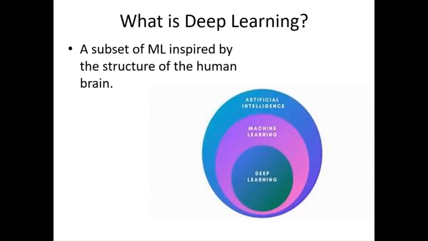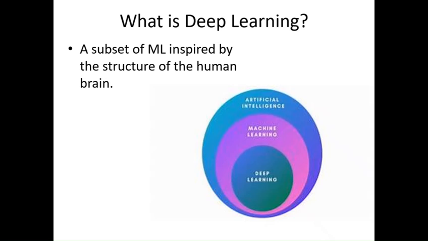To understand deep learning, we need to see where it fits in the bigger picture. At the broadest level, we have artificial intelligence or AI, the science of making machines think and act like humans. Within AI, we have machine learning, where machines learn patterns from data and improve over time without being explicitly programmed.